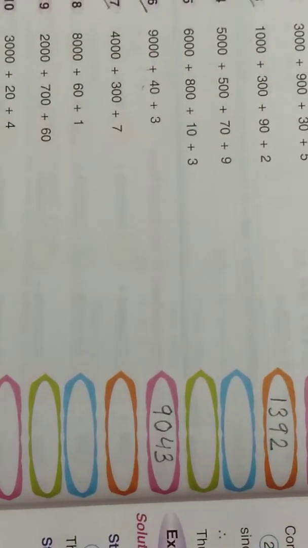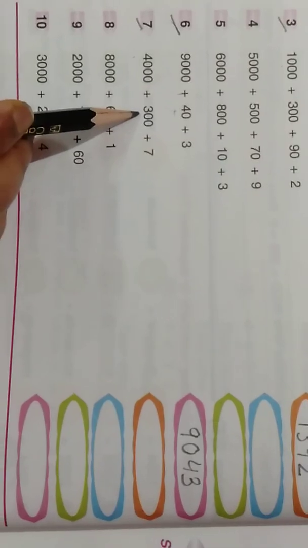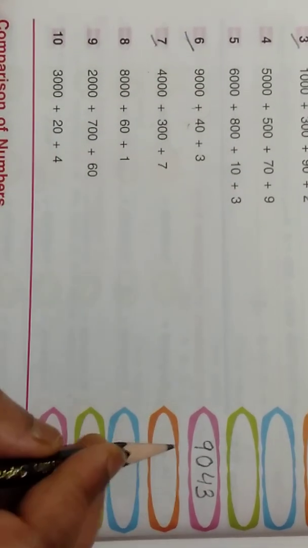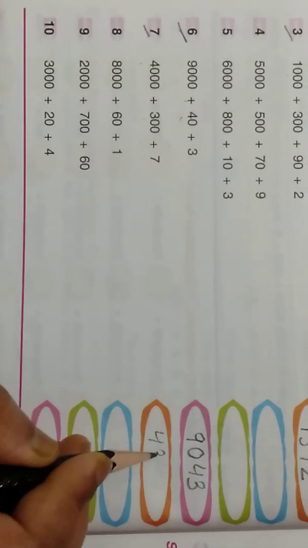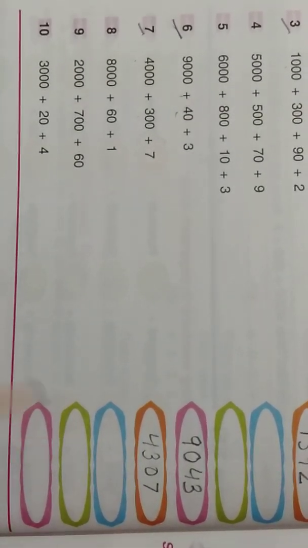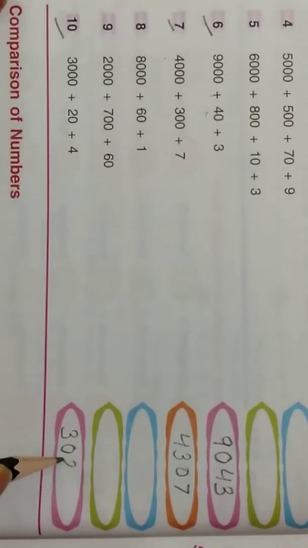Let's do question number 7. Can you easily understand? 4000 is given, 300 is given, no place for tens, and 7. So what are we going to write? 4307. 3024.